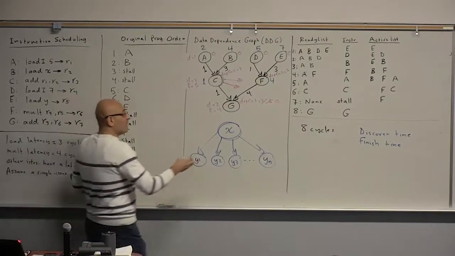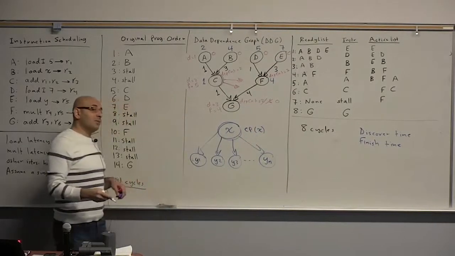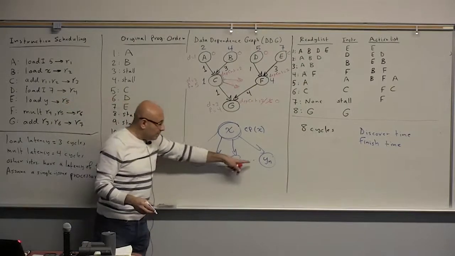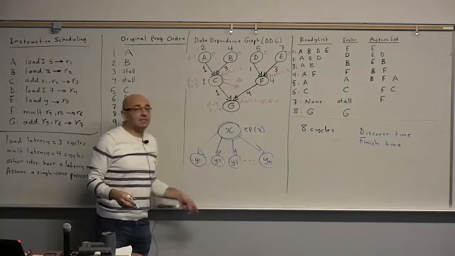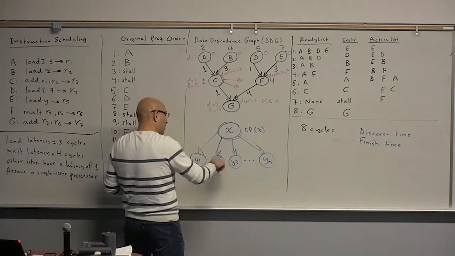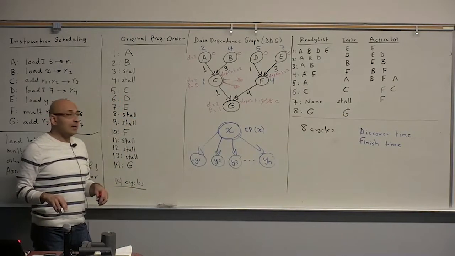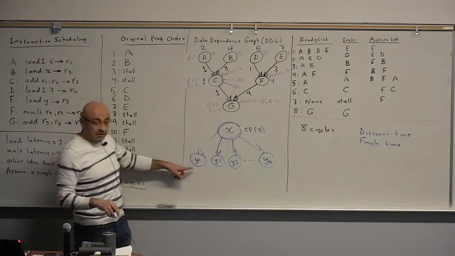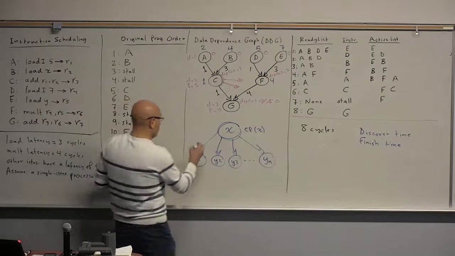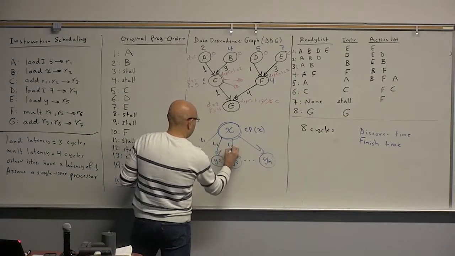So how can I calculate the critical path of X? I'm assuming that the critical paths of Y1, Y2, Y3, through Yn are known. Would it be the maximum of all of the Ys? Well, the maximum of the critical paths of these, but I also have to take into account the latencies, L1, L2, L3, through Ln.